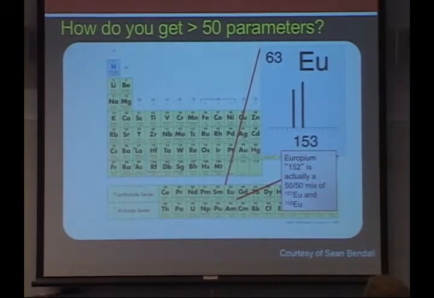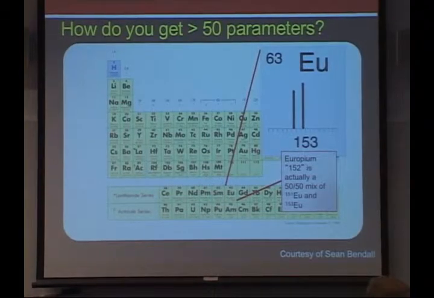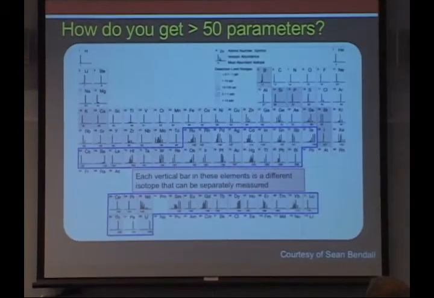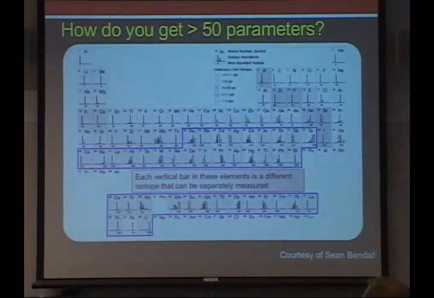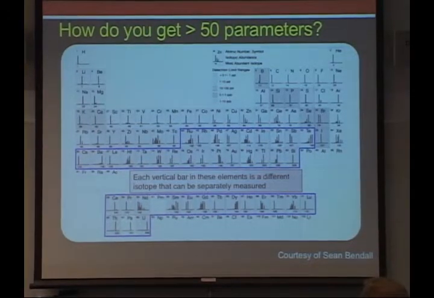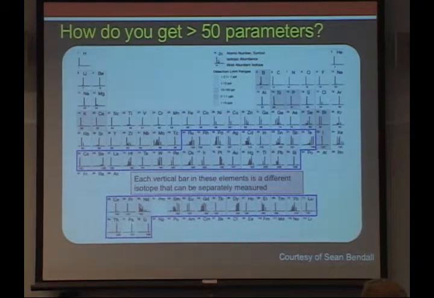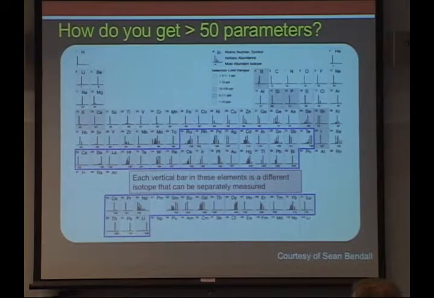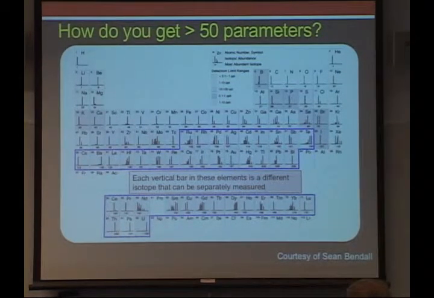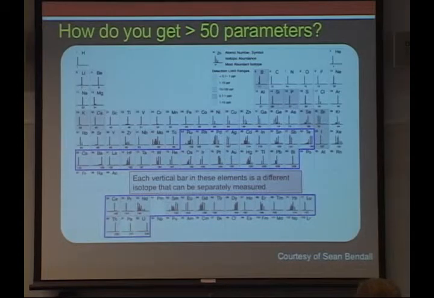Sean gave you the example of europium having two stable isotopes, 151 and 153. And if we look at a full nuclide table, this really applies to the vast majority of elements in the heavy metal non-biologics, such that each of those vertical bars, different stable isotopes, are ones that can be measured as individual parameters, individual channels in a mass cytometry experiment.